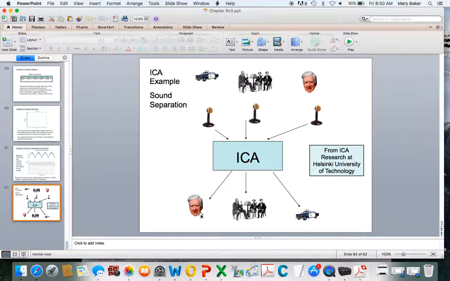A biomedical signal processing example might be that you're interested in identifying eye blinks from a set of EEG data. When you do an ICA decomposition of data, basically you're looking at the components, and you have to be able to recognize which component is the eye blink.